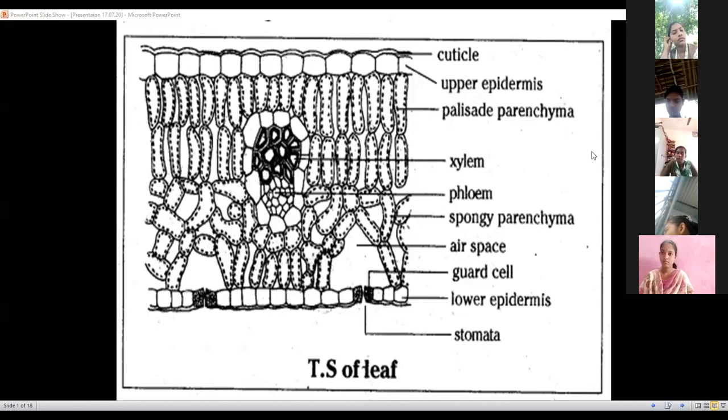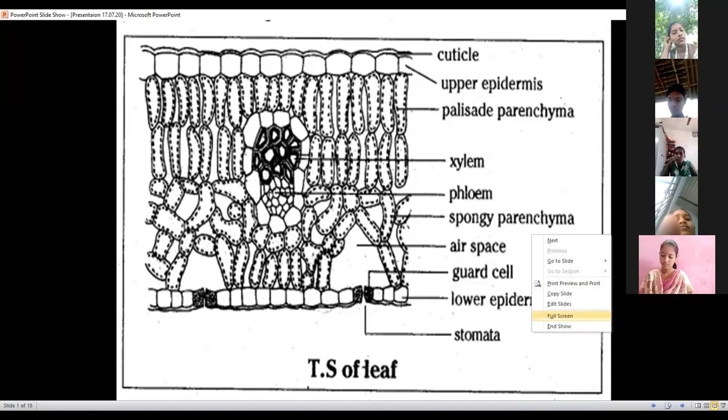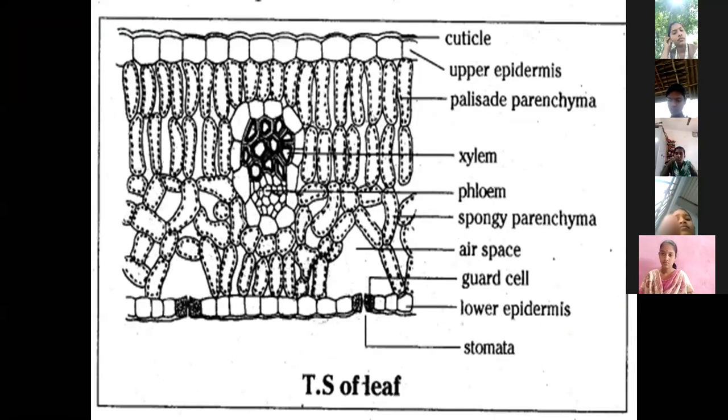Palisade parenchyma, the upper layer of ground tissue in a leaf. Sac-like structures. Another, xylem and phloem. Two types of tissues are there. Xylem is transport tissue.